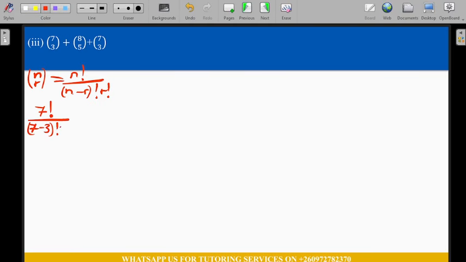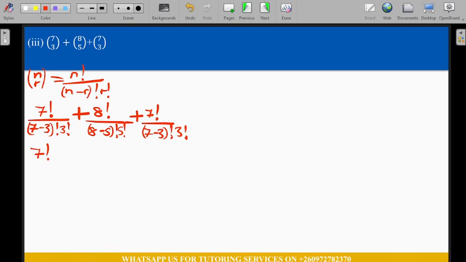factorial, 3 factorial. Then plus that is 8 factorial over, it becomes 8 minus 5, then factorial 5 factorial here. Then we're going to say plus the other one, which is 7 factorial over 7 minus 3 factorial 3 factorial. So let's simplify it further.